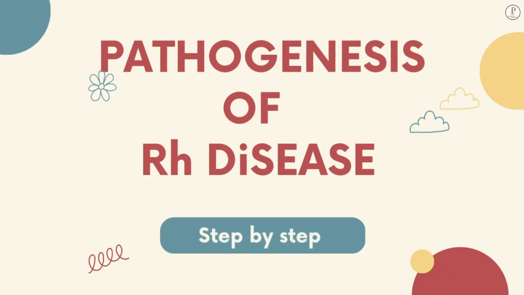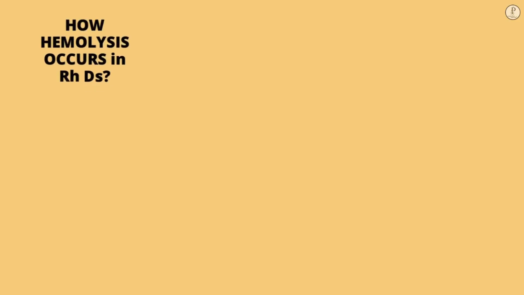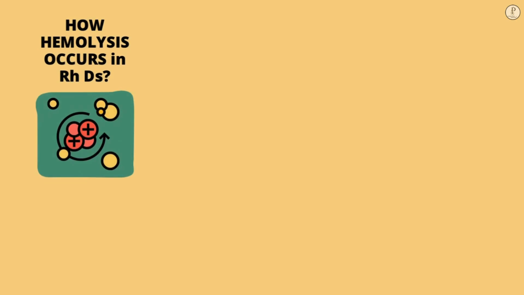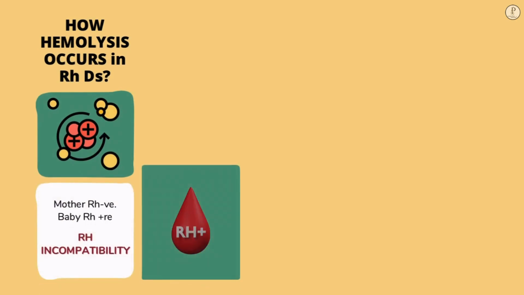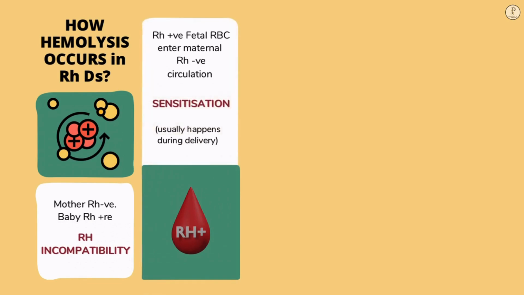How hemolysis occurs in Rh disease? When mother is Rh negative and baby is Rh positive, it is called Rh incompatibility. Here Rh positive fetal RBCs enter maternal Rh negative circulation, which is called sensitization. It occurs usually during delivery.